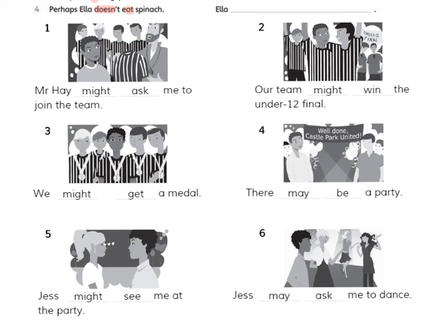All of those are possibilities and they're quite valid. Next, Jess may ask me to dance. Again, Jess may ask me to dance or might ask me to dance, or Jess may dance with me or might dance with me. Again, there are lots of possibilities which could be fine.